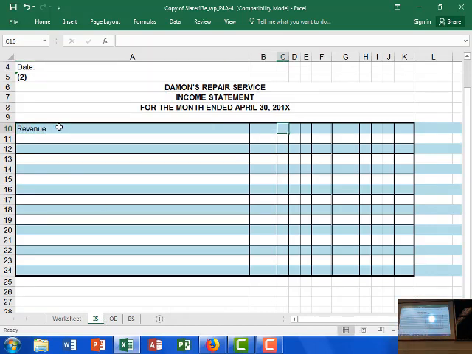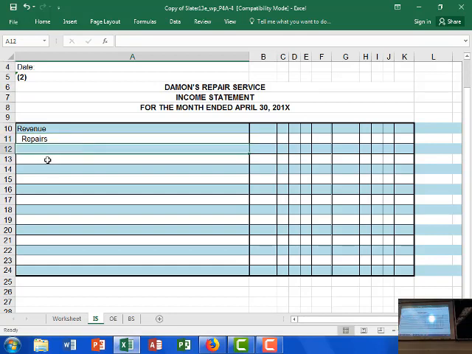So we made our revenue from what? Repairs. Repair service. Okay, so revenue from repairs. So we're just going to say repairs, right? We're first setting it up. We're not going to put the amounts yet. We're just setting it up.